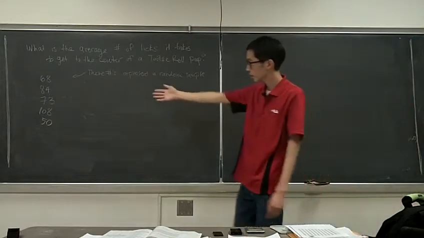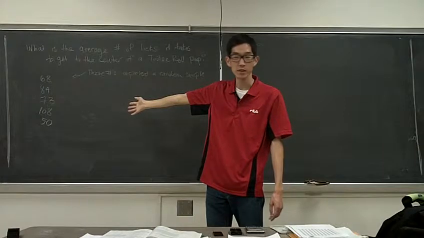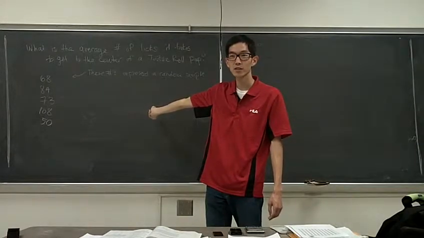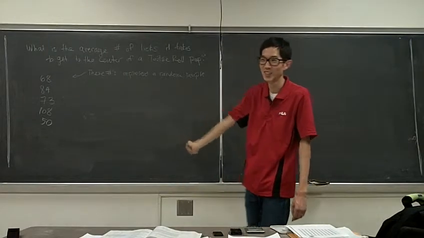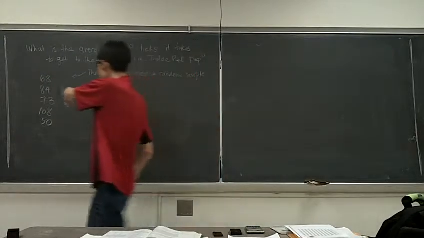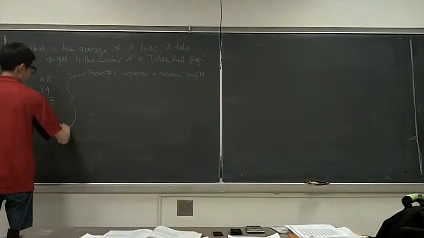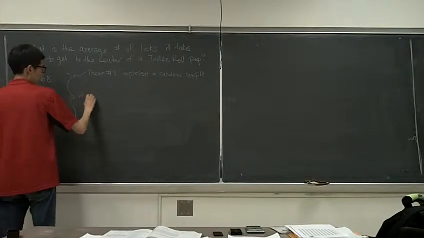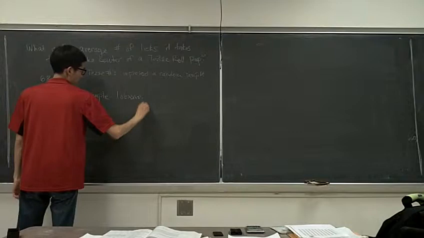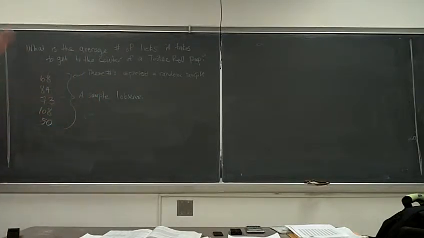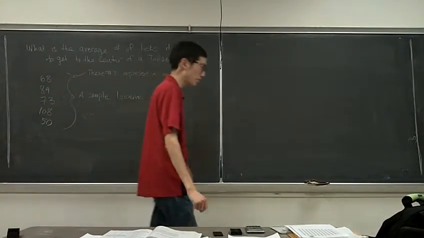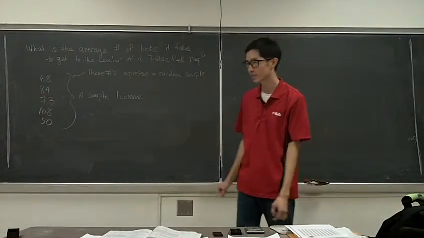Can I make a confidence interval based on these numbers? Yes, no? This is just a sample that I observed. Based on this data, what can I say about the true average number of licks it takes to get to the center?